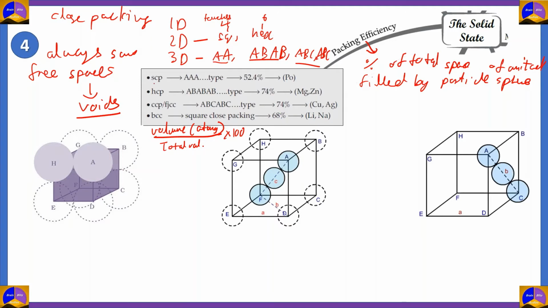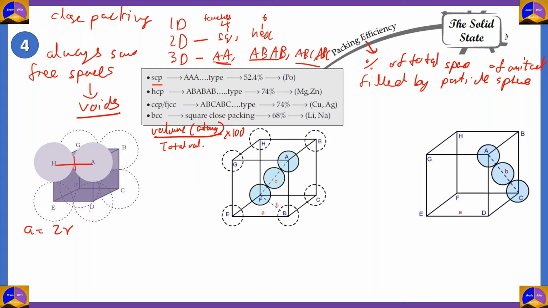When it comes to square close packing, all of these layers are of AA type. So the same layer is constantly repeated. When the same layer is constantly repeated, we can notice that one edge length contains 2 times the radius of each atom. So a, the edge length, is equal to 2r.